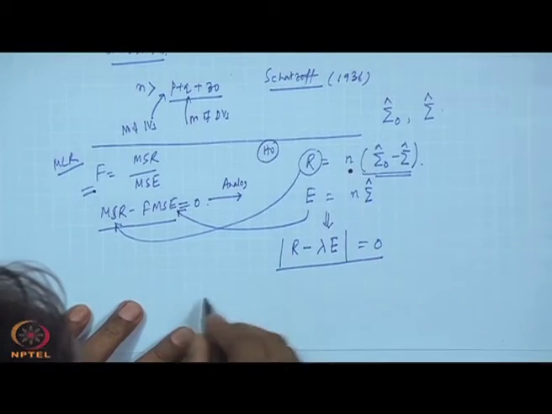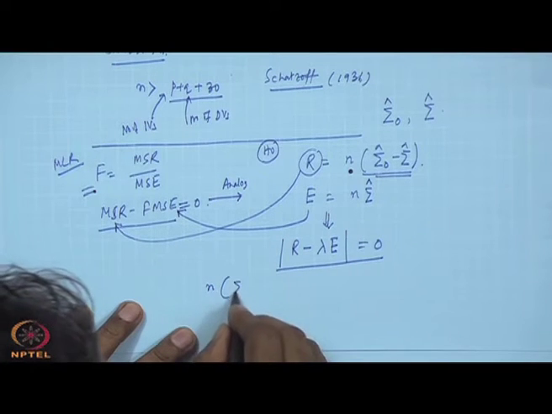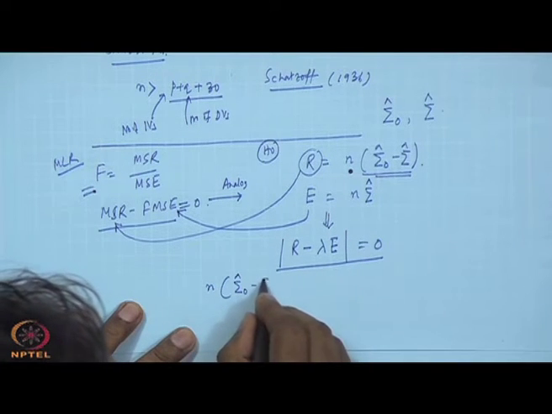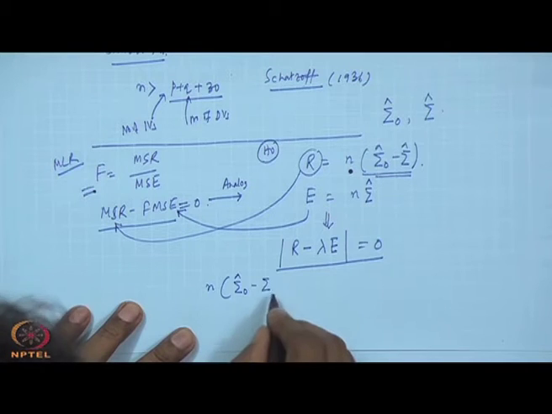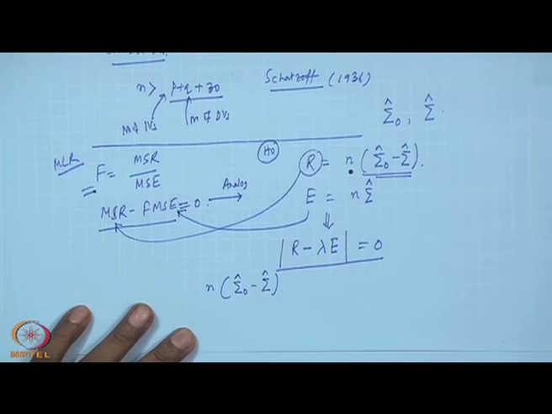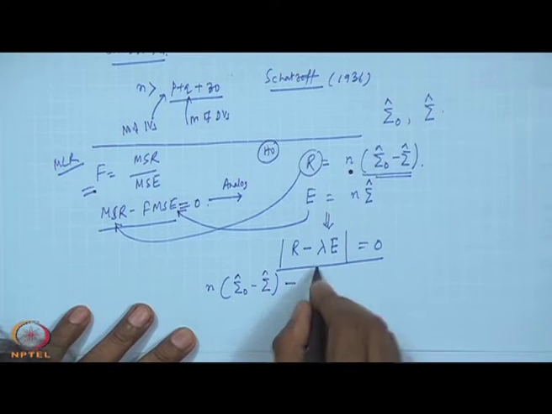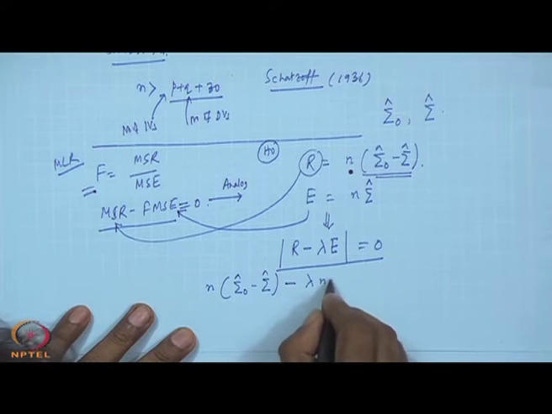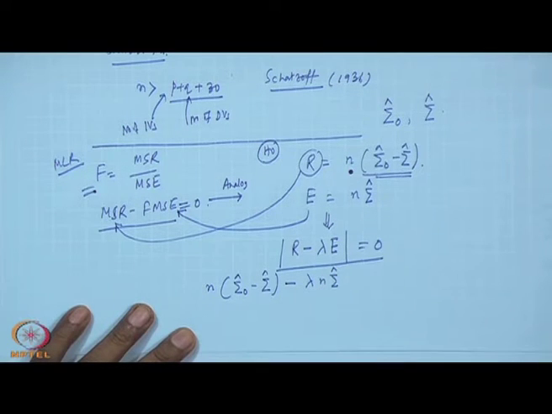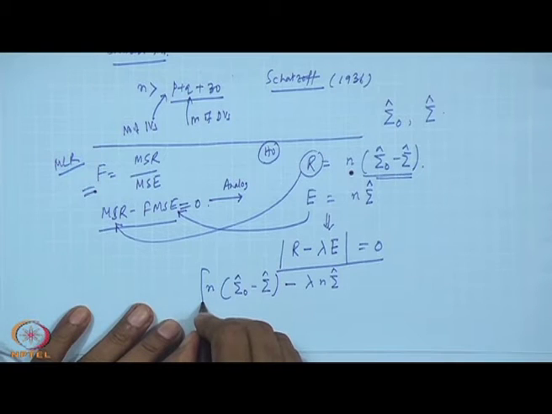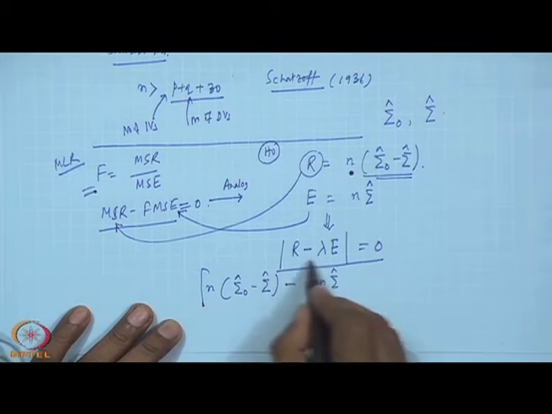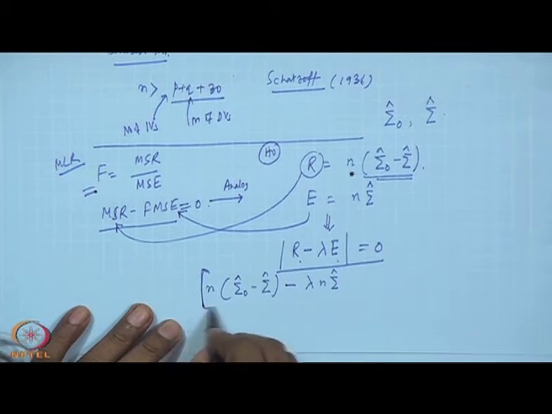What is this? If I write, it is nothing but n epsilon 0 cap, sigma 0 cap minus sigma 0, that is R, minus lambda n sigma 0 sigma cap. This is R minus lambda E, this is the matrix.